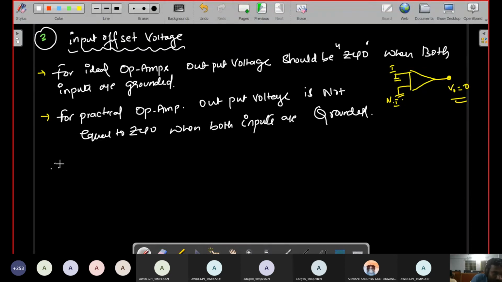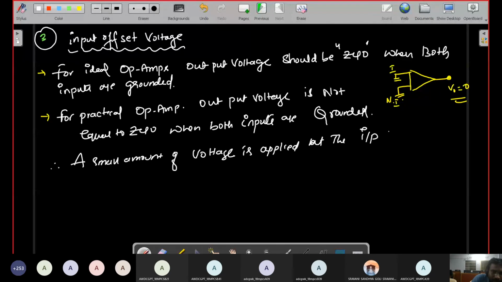Therefore a small amount of voltage is applied at the input terminal to make the output voltage zero. For an ideal op amp the output voltage is zero when both inputs are grounded, but practically it is not equal to zero.